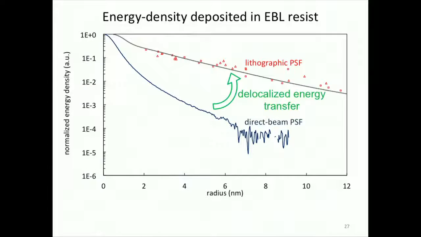This difference is mainly due to delocalized energy transfer in the resist. So you have electrons that went through and lost energy inside the resist, but these electrons created secondary electrons and volume plasmons, which propagate and cause a loss in resolution in e-beam.